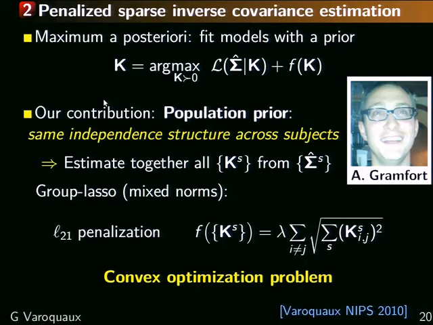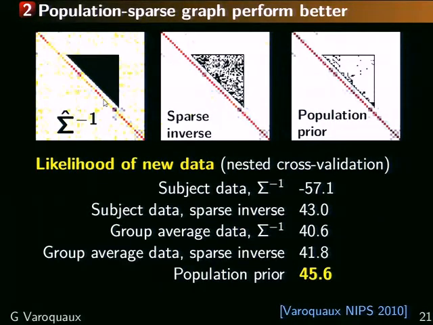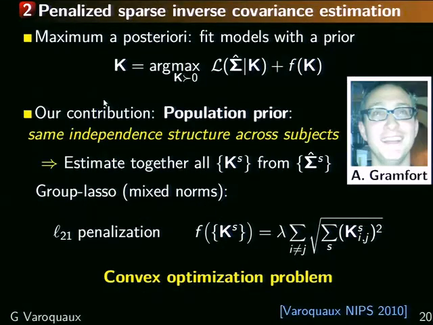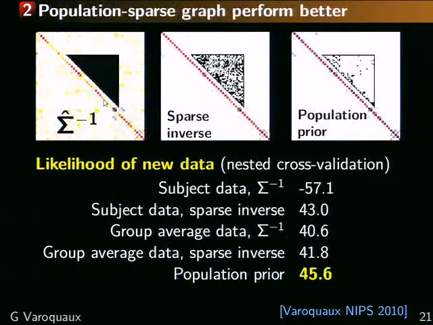What we've done with Alex Gael, who's sitting in the room right now, is to introduce a new prior, which is really to acknowledge the fact that we have several subjects, and these subjects share information across the different graphs. The prior we've used is that they have the same independence structure between regions, but they might have different connection strength.